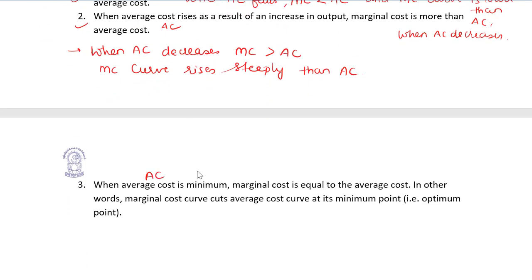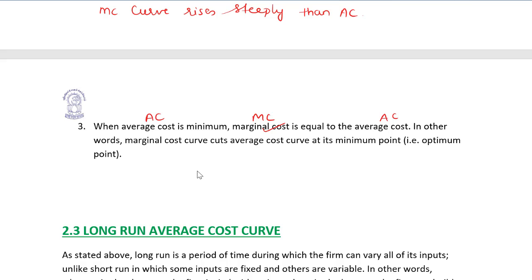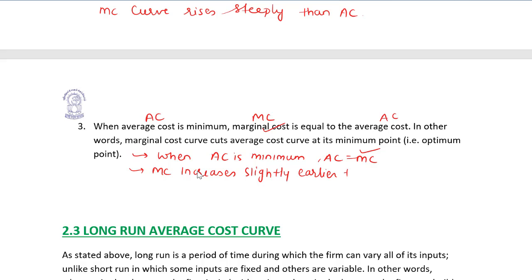And the third one: when the average cost curve is minimum, marginal cost is equal to AC. When AC is minimum, AC equals MC, and MC increases slightly earlier than AC.